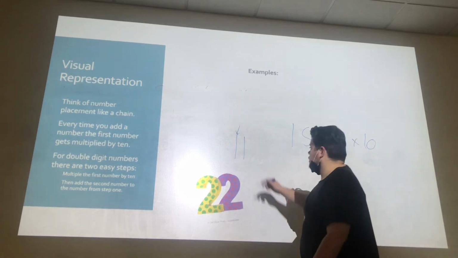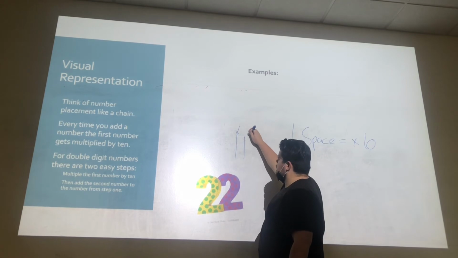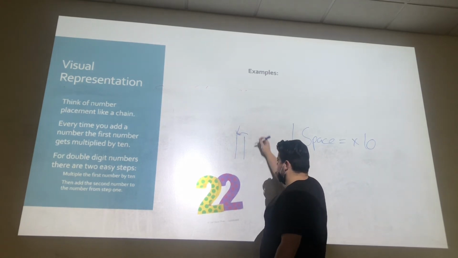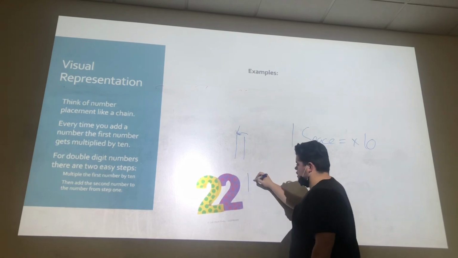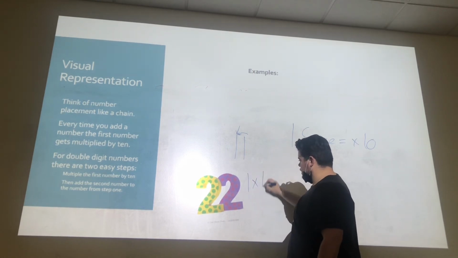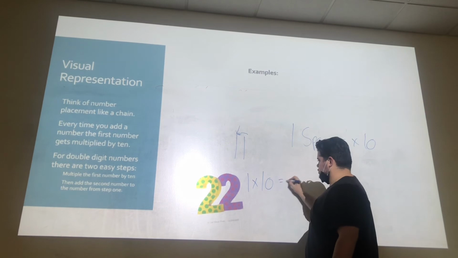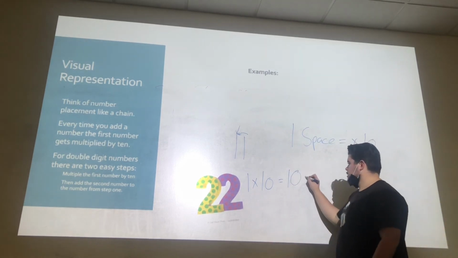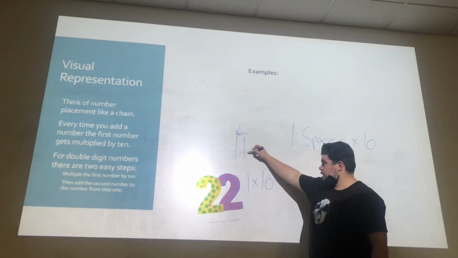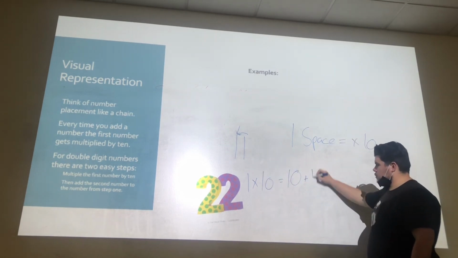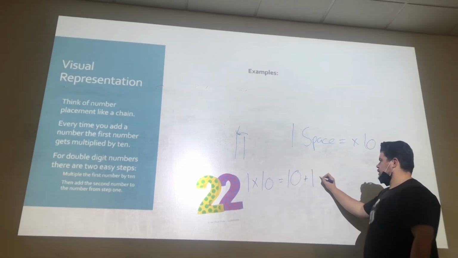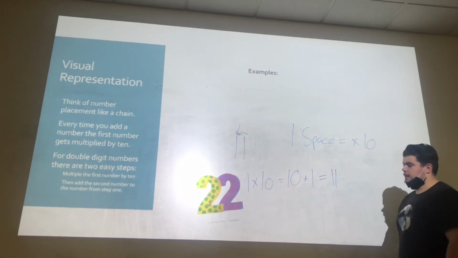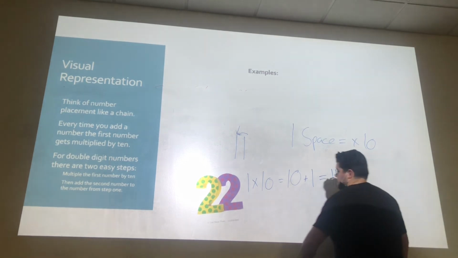So when this number gets moved out one space, we have to multiply it by 10. So 1 moved out one space, multiplied by 10 is equal to 10, plus our second number, 1, meaning our number, add them together, is 11. Okay, guys?